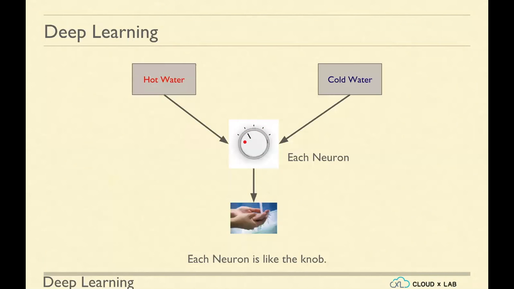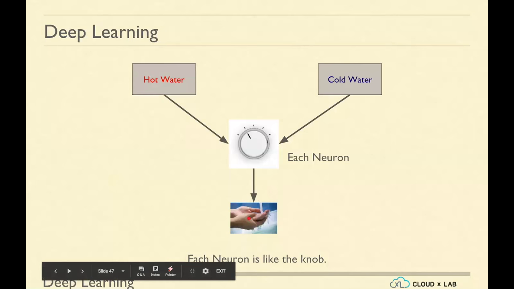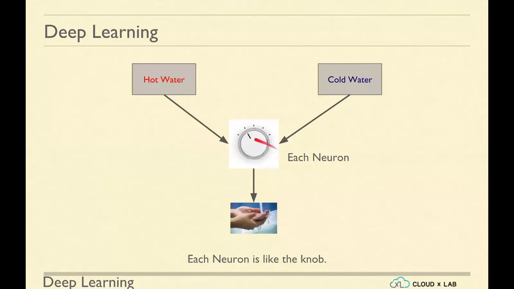And so essentially, each neuron that you think of in an animal brain not only does the prediction, but also learns the weight. Okay, this is my expected output, and these are the inputs. Now, tweak the knob such that the expected output is achieved by changing the ratio of cold water and hot water.